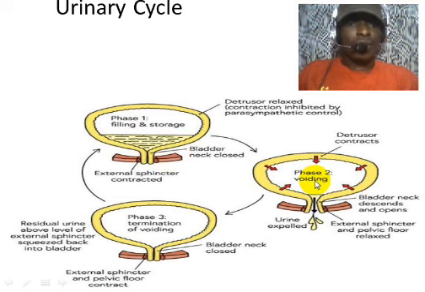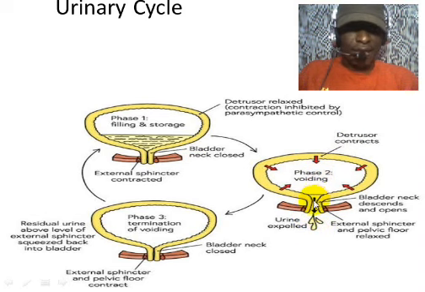In phase 2, there is voiding of urine, that is bladder emptying. The detrusor muscles contract while the sphincters of the bladder are opened. From the diagram, you could see that here the internal urethral sphincter is flipped open.